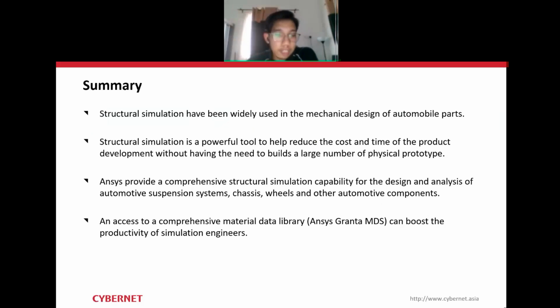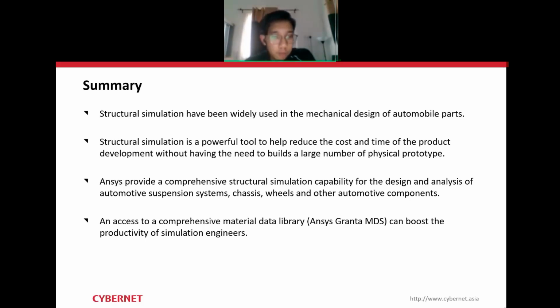Okay, to summarize everything I've just presented. Structural simulation has been widely used in the mechanical design of automotive parts, because with it we can reduce the cost and time of product development by eliminating the need to build a very large number of physical prototypes.